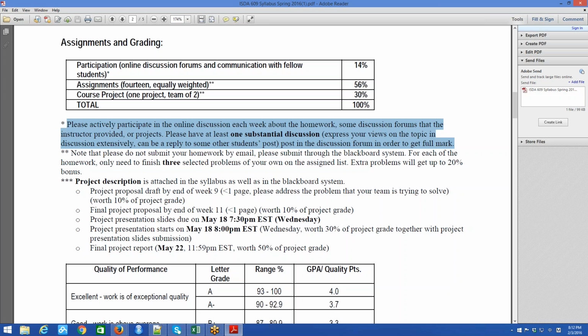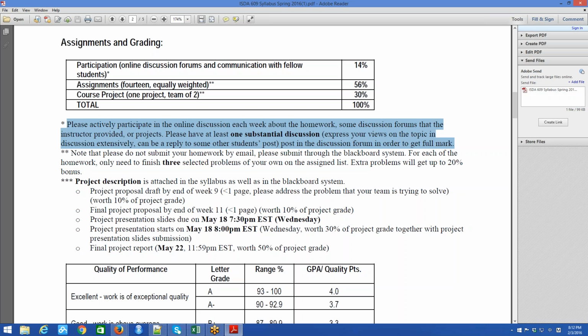Maybe, right? It really depends on whether you're trying to express some sort of view. Okay, so this is 14%. We have probably around 10 weeks of discussion, so I consider it to be free points for you guys. As long as you actively participate, I don't see any issue that you would not get that.